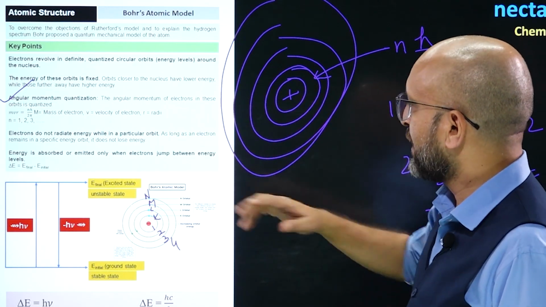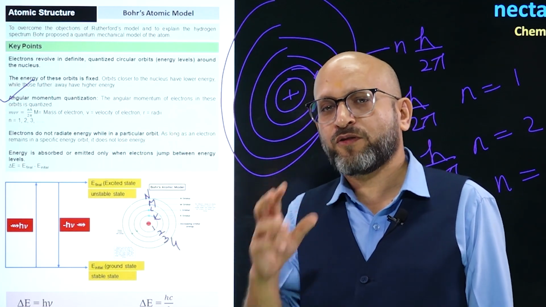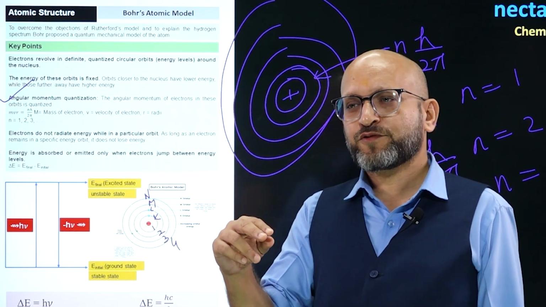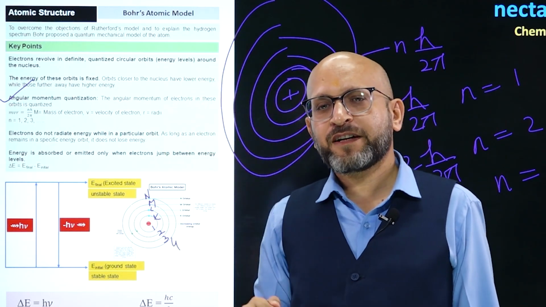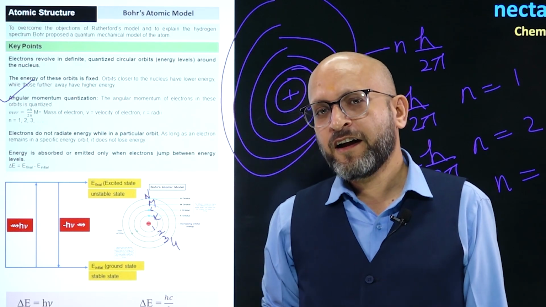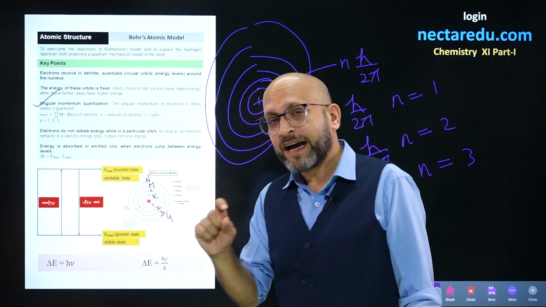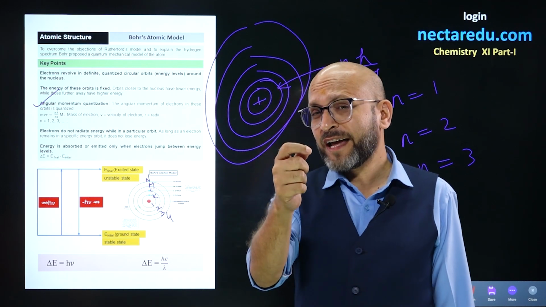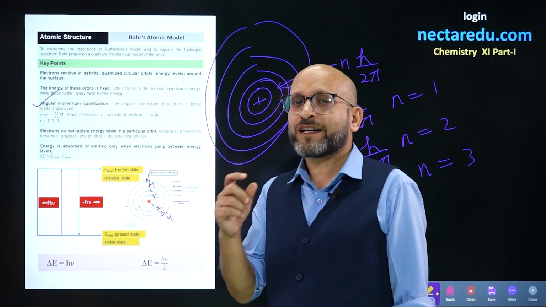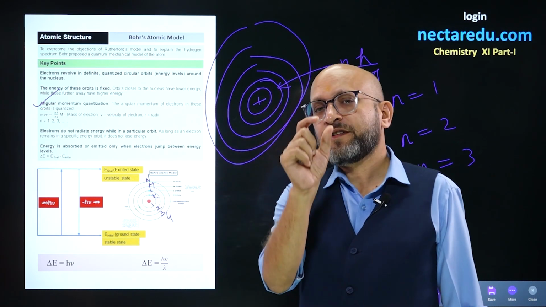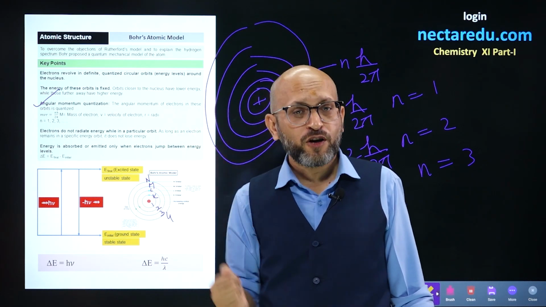The last point was the energy difference, which we have already talked about: energy equal to the energy difference will be absorbed when going up, and it will be emitted when the electron is falling back. If you want to know the actual frequency, put delta E equals h nu, and you will get the frequency emitted or absorbed.